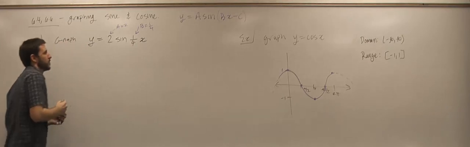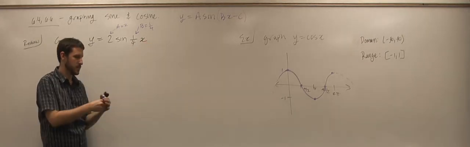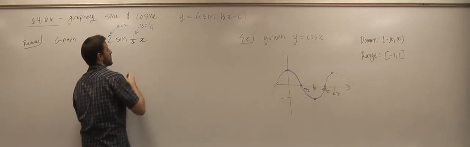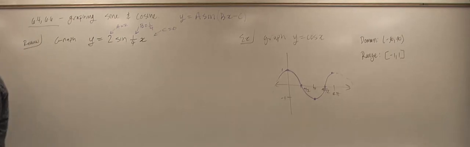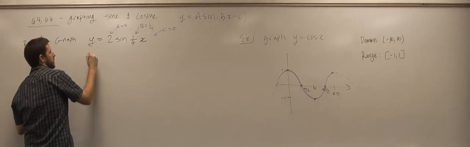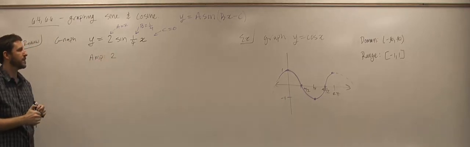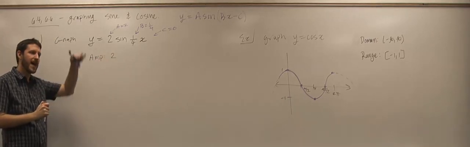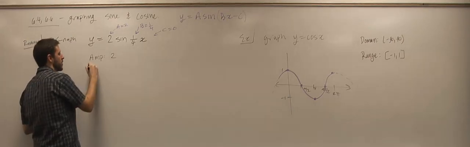And what's C? 0, because I'm not adding or subtracting anything from the x. So then what's my amplitude and what's my period? Amplitude's 2. Amplitude is the absolute value of A. What does the amplitude tell you about the graph? The max and min, how far it goes up and down from the x-axis. So that's my amplitude. What's my period?